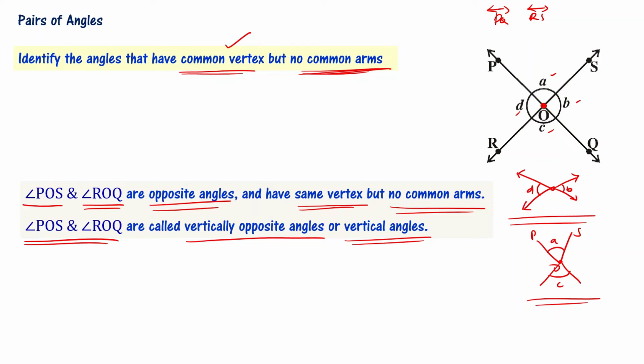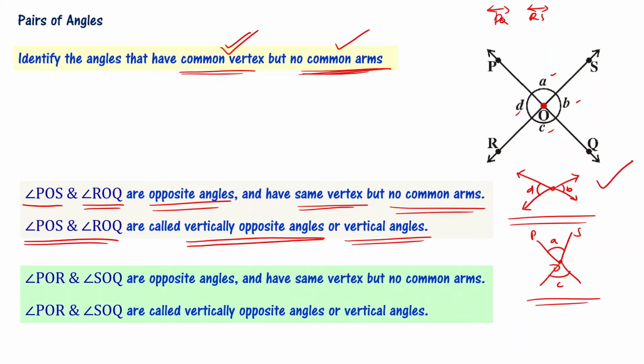Vertically opposite angles should have a common vertex but should not have common arms, right? Similarly, in this case, angle POR and angle SOQ are opposite angles, and they have the same vertex but no common arms.